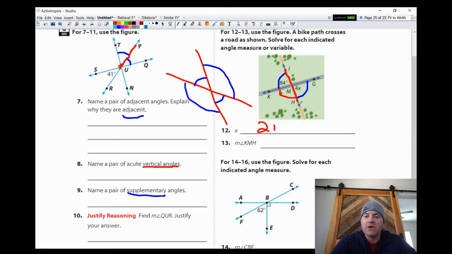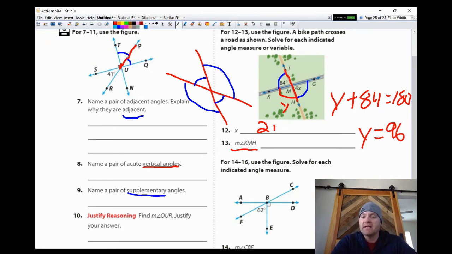I'm going to call KMH angle Y, okay? So we know that Y plus 84 is equal to 180 because it makes a straight line. So just subtract 84 from both sides and I get Y, or angle KMH, is equal to 96. There's my answer there.